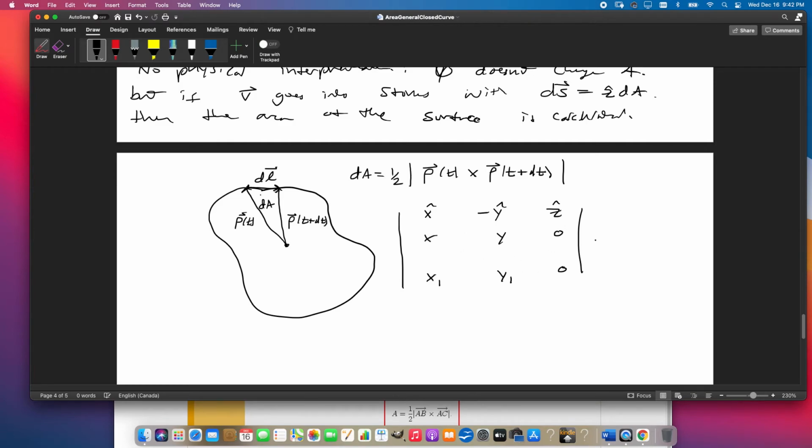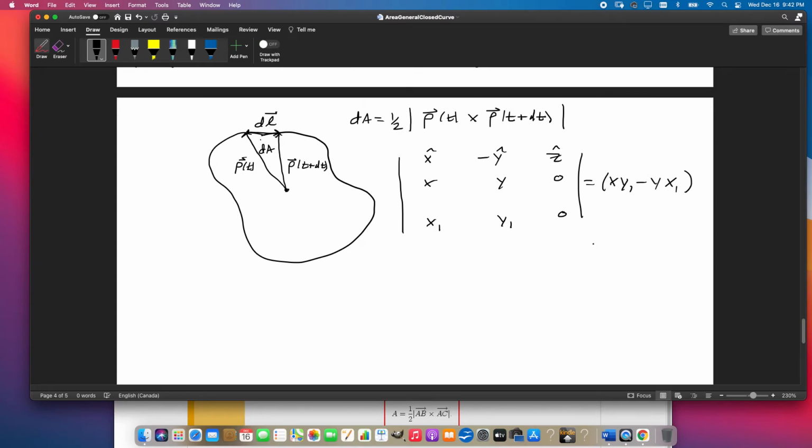So the only term is going to be the z: x y1 minus y x1. And the magnitude will just be the absolute value of this thing. This is bad notation, whatever.